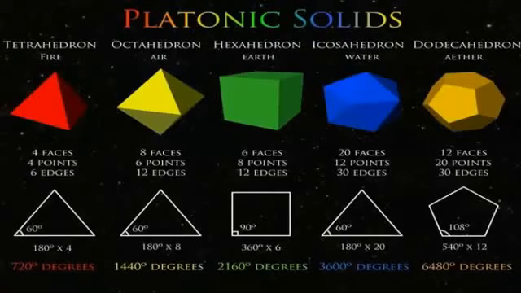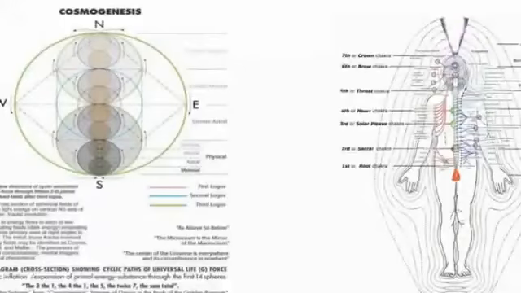On the earth, the base of the hexahedron is the carbon structure, and because we are beings from the earth, we have a carbon structure in our body. As you see, the next geometric structures are completely different, for water and ether. Okay, then we go to the next slide.